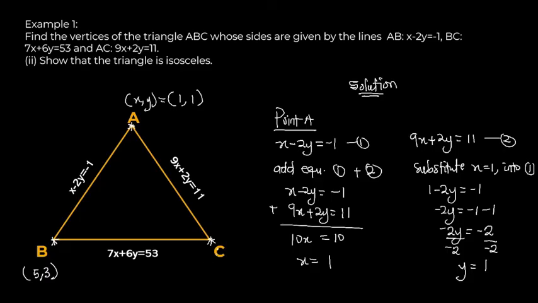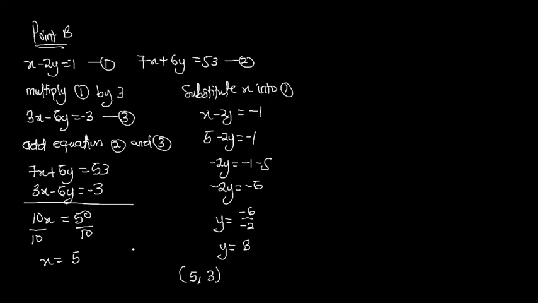Now let's go ahead and find the coordinate for the vertex C. So to find the coordinate for vertex C, we need to solve the equation 9x plus 2y is equal to 11 and 7x plus 6y is equal to 53. So let's go ahead and do that and find the coordinates over there.